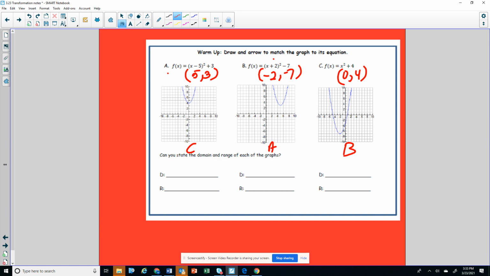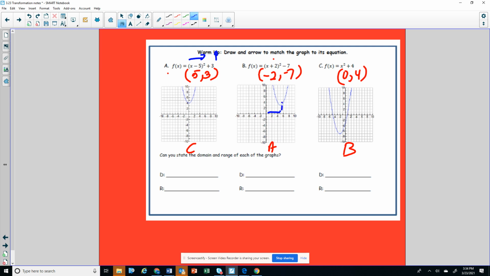Another way is if you look at the expression, x minus 5, that tells you the graph shifted 5 units to the right. 5 units to the right, and it went up 3 units. So which graph went 5 to the right and up 3? Well, that's A. It went 5 to the right and went up 3 units.